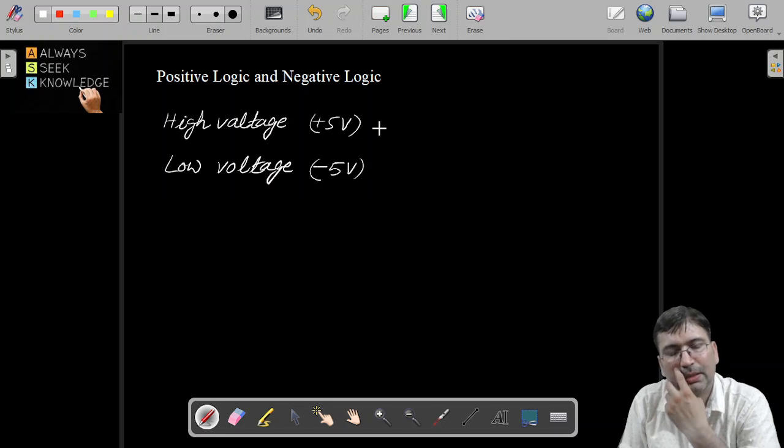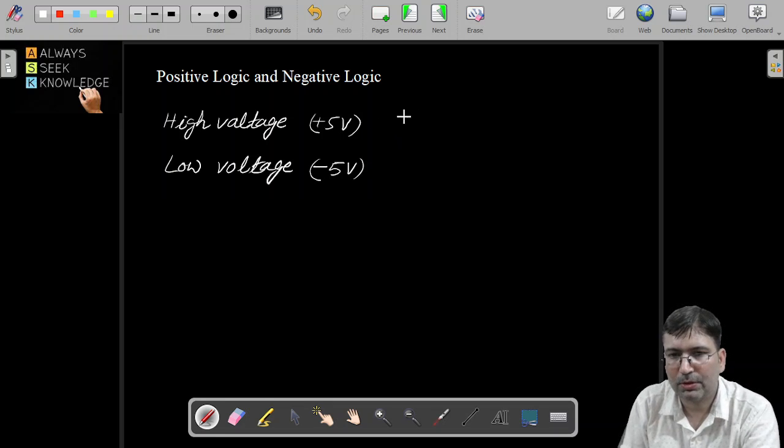Now we map these voltage levels. So in positive logic, the high voltage will be mapped as 1 and the low voltage will be mapped as 0. This is positive logic.